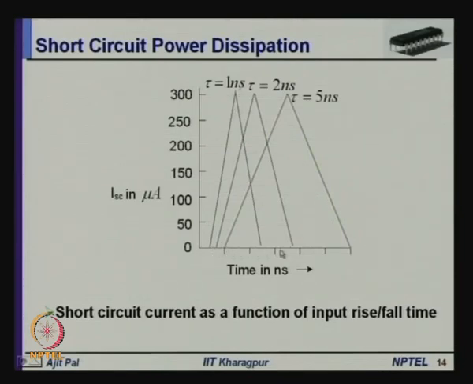So, this is the current that will flow for different rise and fall times of the input signal. This shows how the power dissipation changes as you change the rise and fall time, and that is the reason why we insert buffers at regular intervals in a circuit, so that the rise and fall times are not very high. They should be kept within a certain limit.